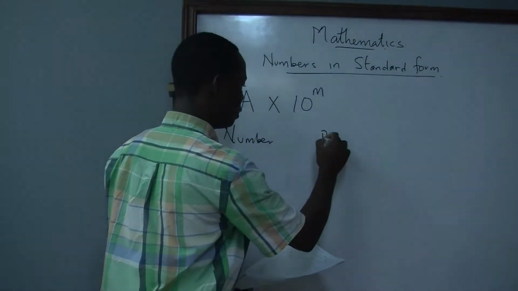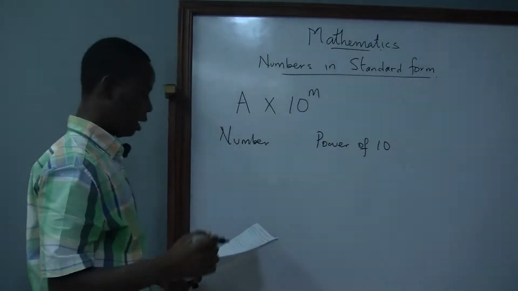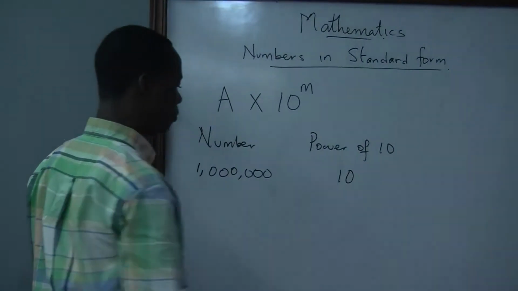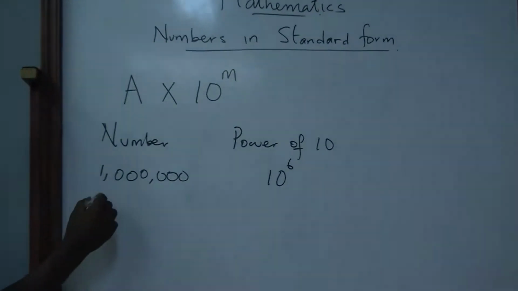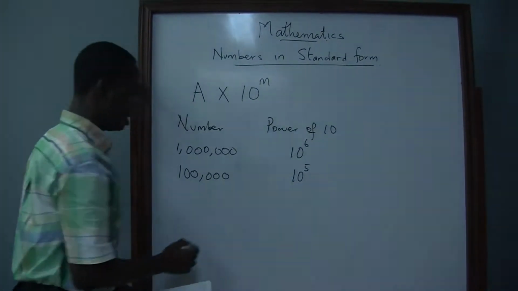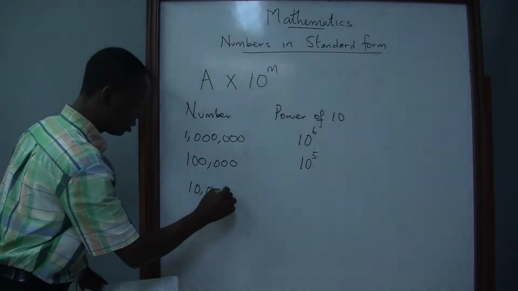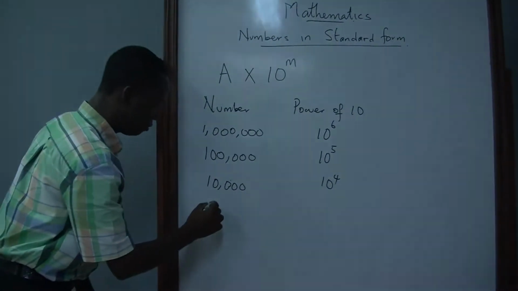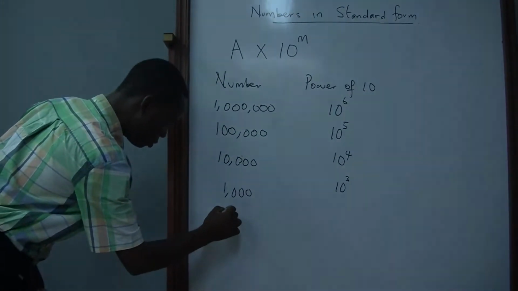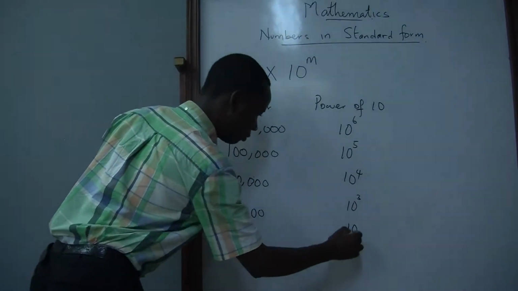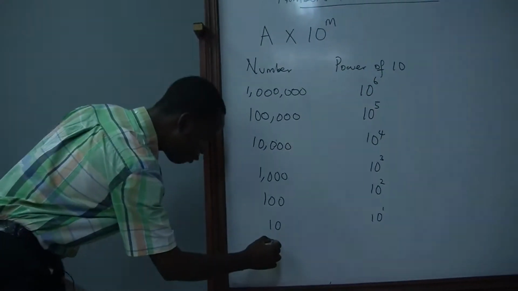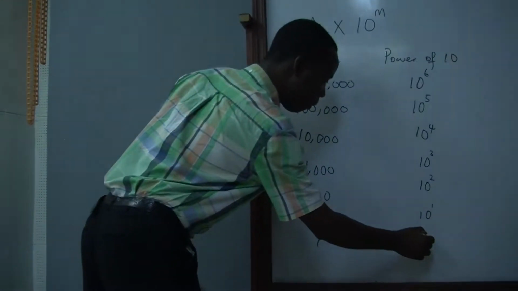If, for example, we have 1 million, this is 10 raised to the power of 6. 100,000 is 10 raised to the power of 5. 10,000 is 10 raised to the power of 4. 1,000 is 10 raised to the power of 3. 100 is 10 raised to the power of 2. 10 gives us 10 raised to the power of 1. And 1 is 10 raised to the power of 0.